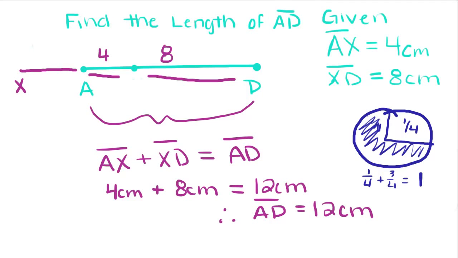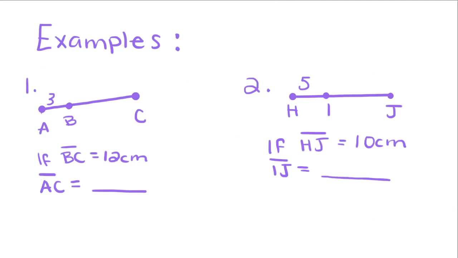Okay, so using those two definitions we just learned, we're going to do some examples. Okay, so we already know that the length of AB is equal to 3. That's already given to us right here. So they say, if BC is equal to 12 centimeters, how long is AC?